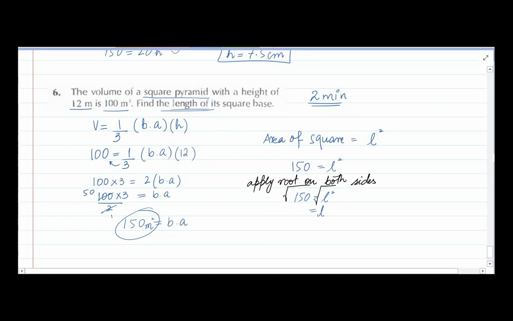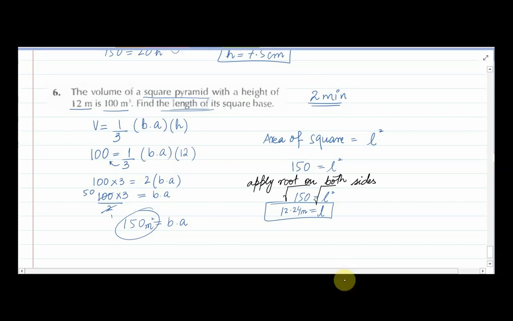You can find it out with the help of calculator. It's equal to 12.24 meters. So that is the length of the square. If any one of you had reached so far, then you had done the whole question right. That is very, very good. Keep it up. Now moving on to the next question.